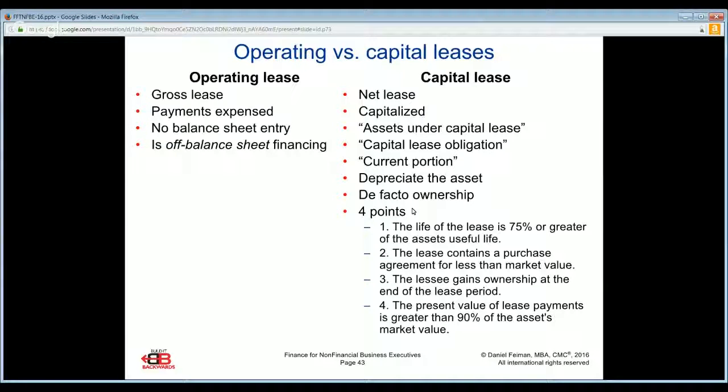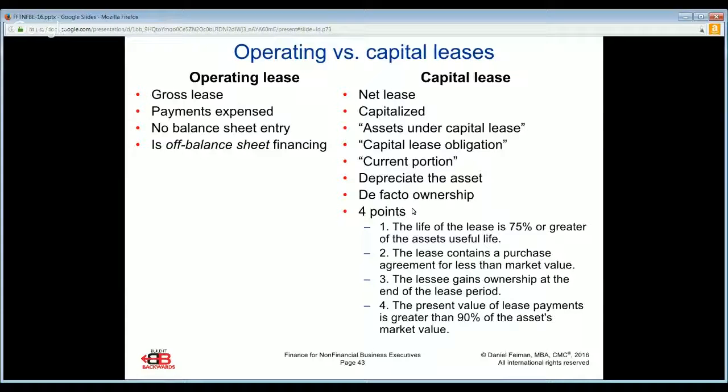Or criteria 3, the lessee, that's us leasing the building, we gain ownership at the end of the lease period. So the title, the ownership of the asset, is automatically transferred at the end of the lease. Clearly, it's a capital lease.